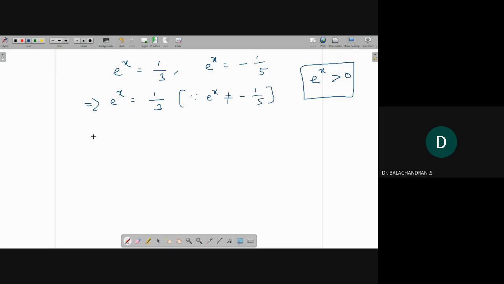So from this, x is equal to log 1 by 3. You can stop here. If you have a calculator, you can find the value of log 1 by 3. Using a calculator, if you know, you can tell.